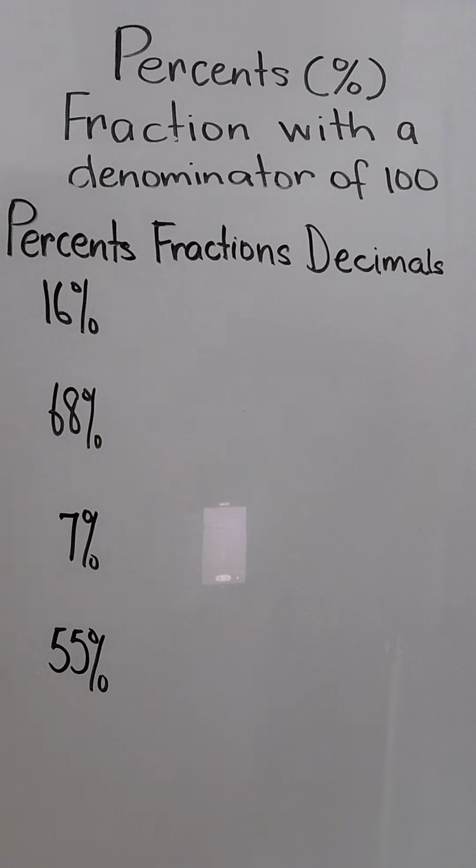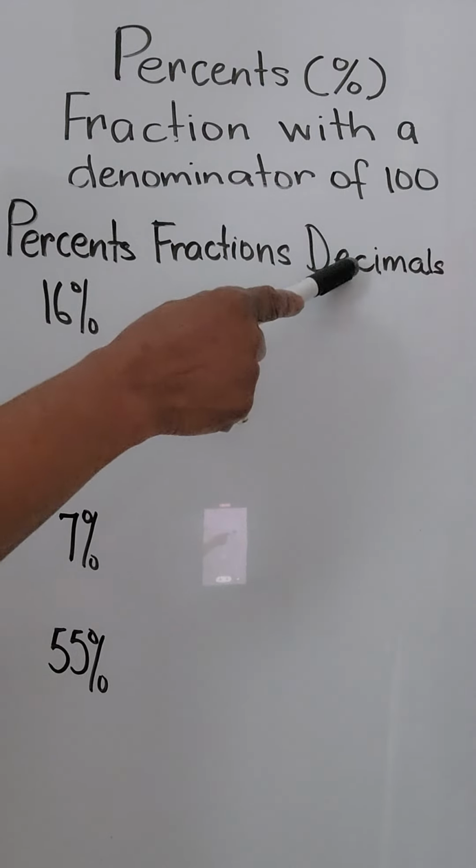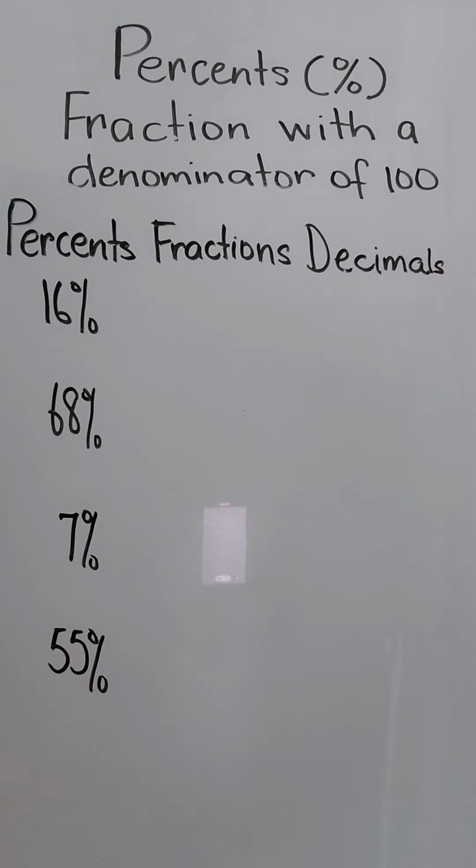As we stated in the beginning, a percent is a fraction, but a decimal is also a fraction. So therefore, percents, fractions, and decimals are all related. So we have our percentage.